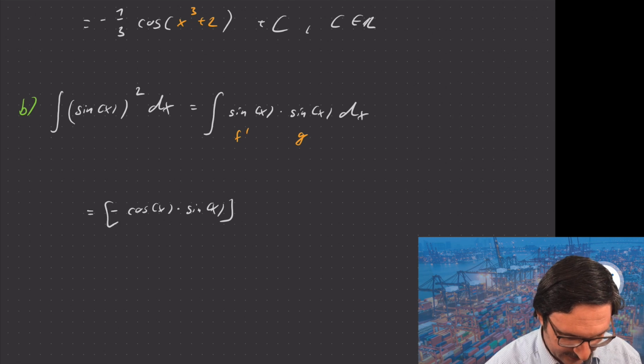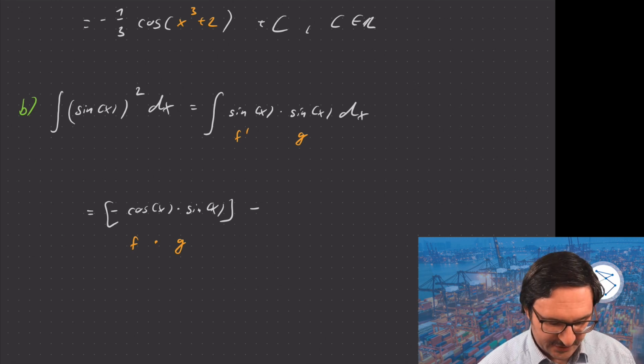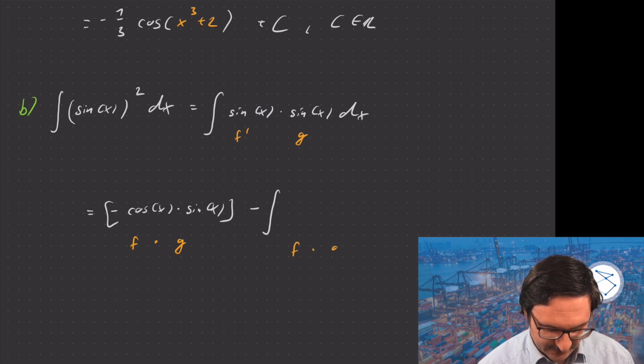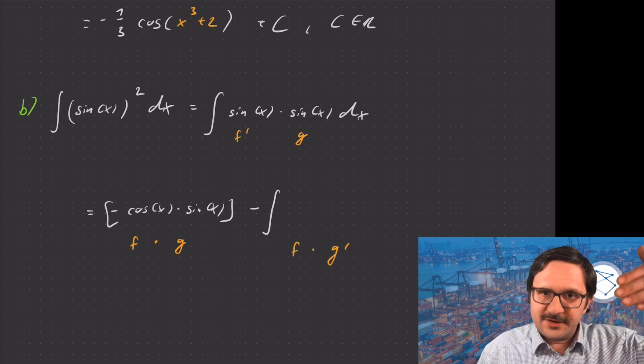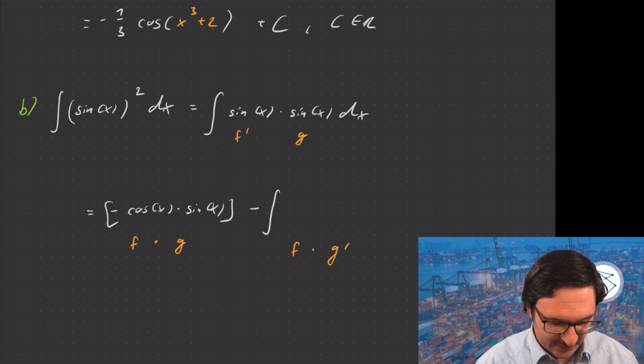So what we do is we write the product of f times g, and then we subtract an integral, and that is now the integral over f times g prime. So f prime is integrated and g is differentiated to get the new integral.